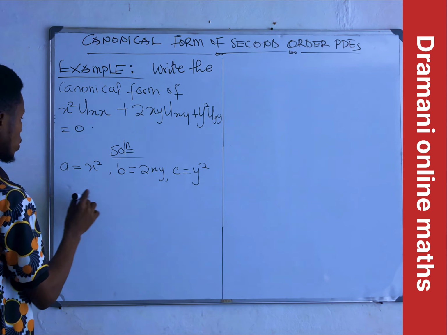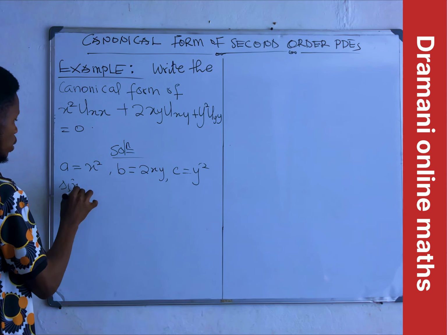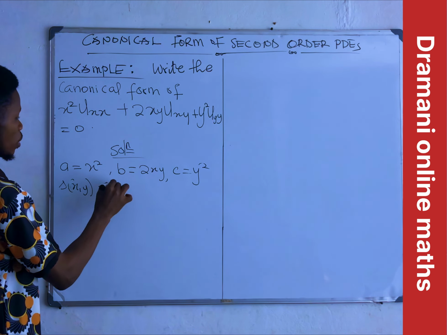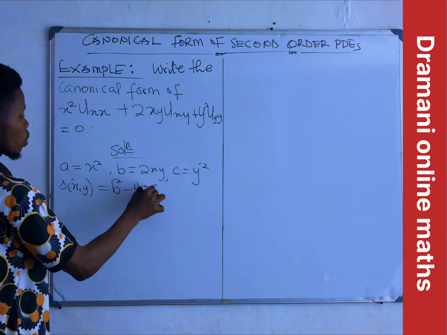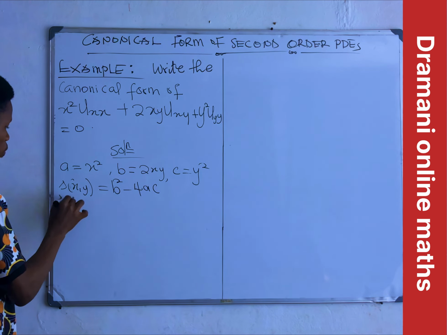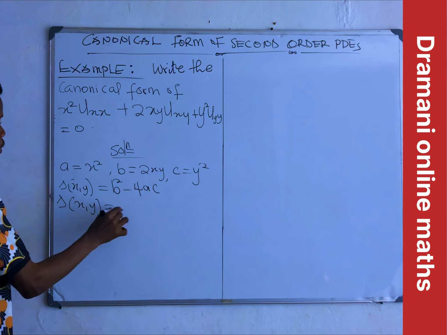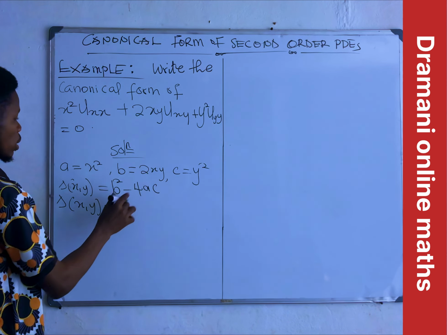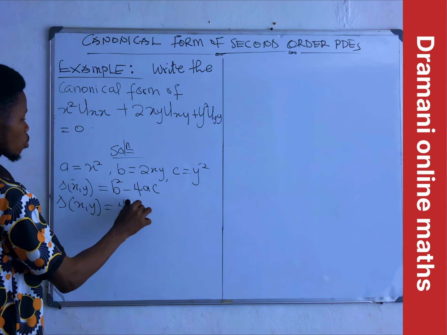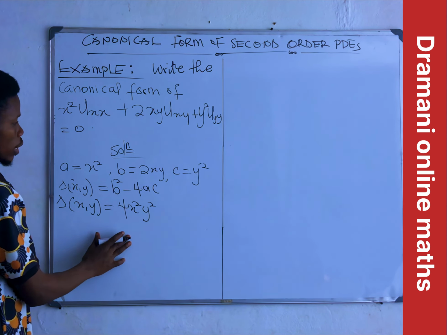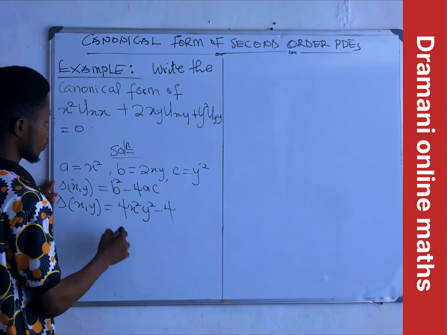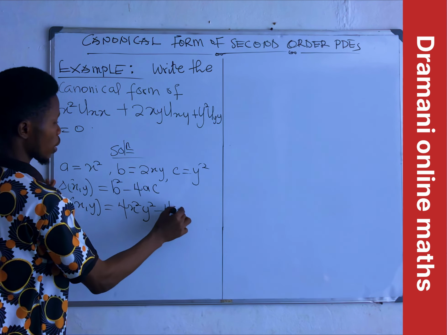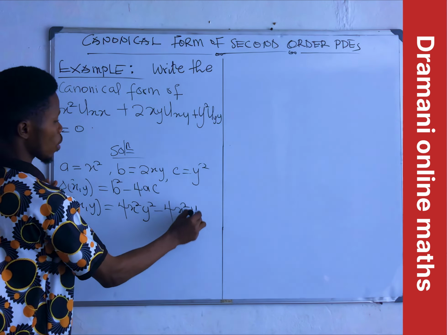So in testing for this, first we have to get our discriminant, which is b squared minus 4ac. So b squared is this, which will give you 4x squared y squared. Minus 4, A is x squared, C is y squared.